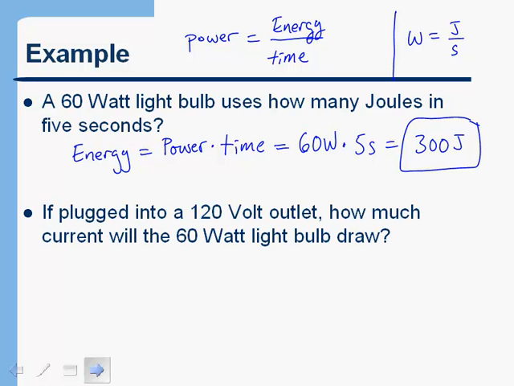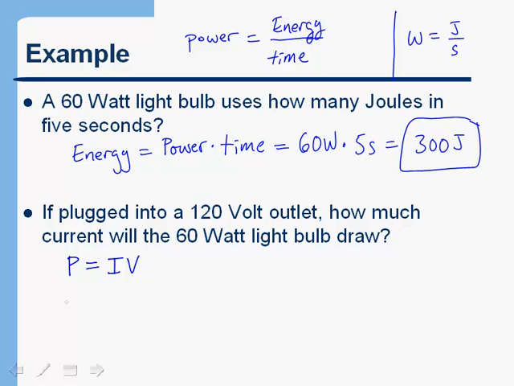Okay, let's continue on. If plugged into a 120-volt outlet, how much current will the 60-watt light bulb draw? Well, we know that power is equal to current times voltage. So let me solve this for current.